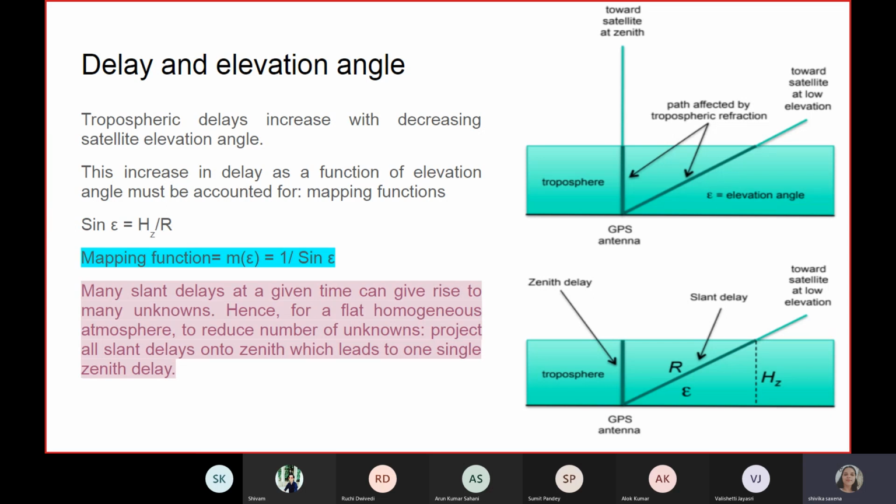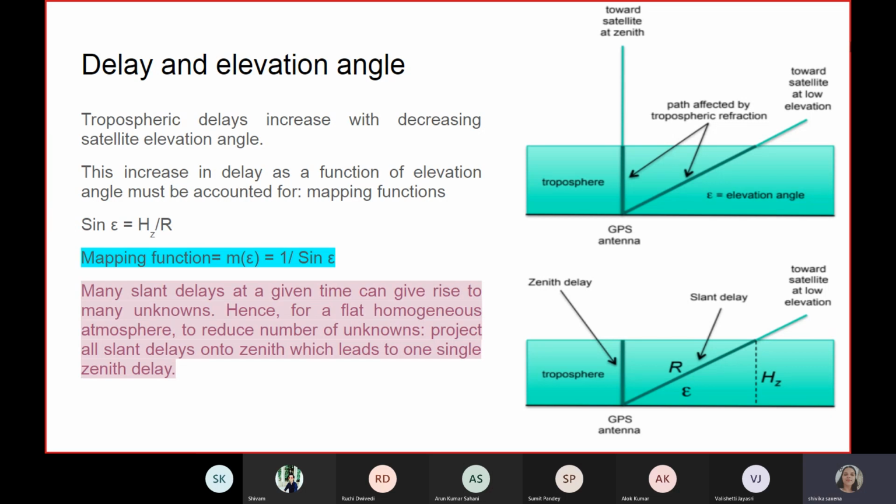So for the largest elevation angle, that is 90 degrees, we have zenith delay. Okay, and when the satellite is setting towards the horizon, we have different elevation angles from 90 degrees to 0 degrees. Okay, so if the elevation angle of the satellite is between 0 degrees to 90 degrees, we will have slant delay.